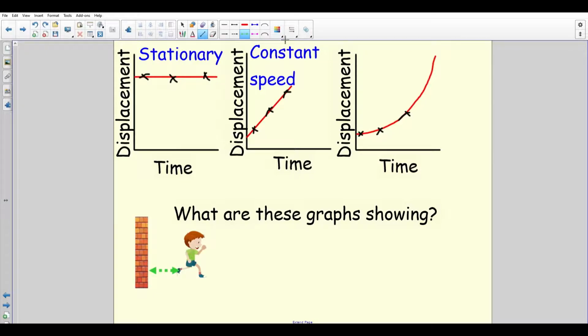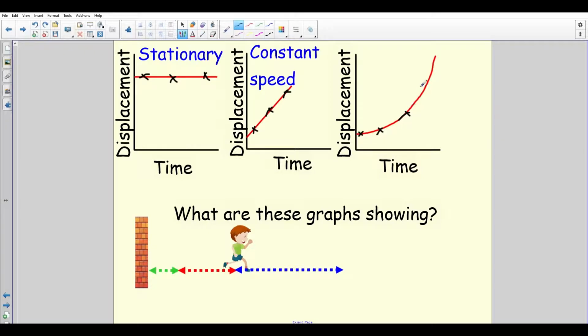The next one, I'll show you in a different colour, we're going to move much further. And in the next bit, if you look on the graph, the next second we're going to move much further again. The displacement's getting bigger every time. So by the third second, fourth second, he's moving much faster because he is accelerating.